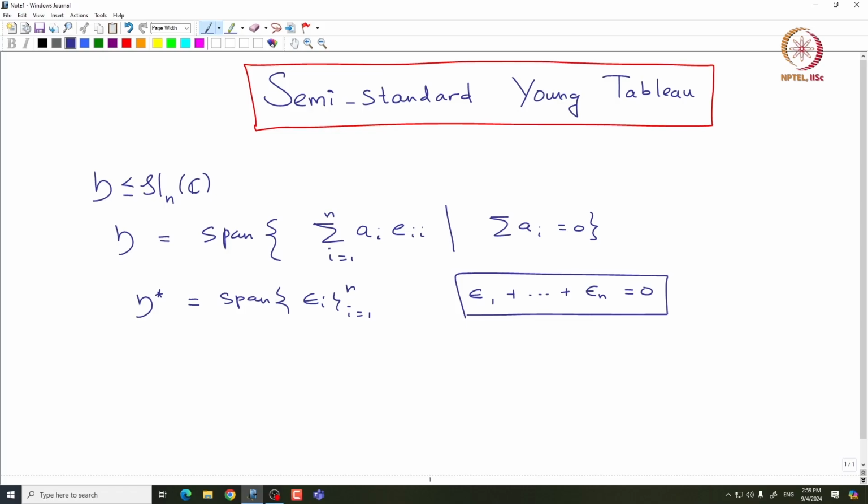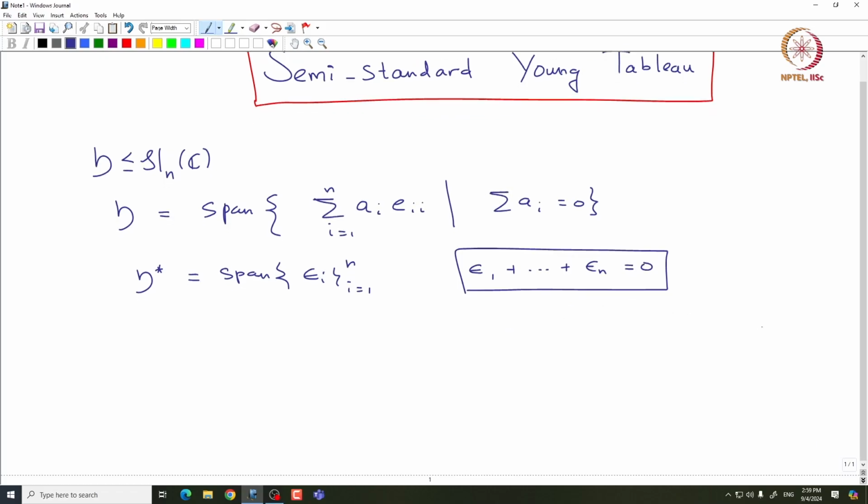So, with that remark, let us define what is a symmetric polynomial, and then we can view the character of any finite dimensional irreducible representation as a symmetric polynomial in the variables e power epsilon i. That way it will be easier to write down that polynomial in terms of the semi-standard Young tableaus.